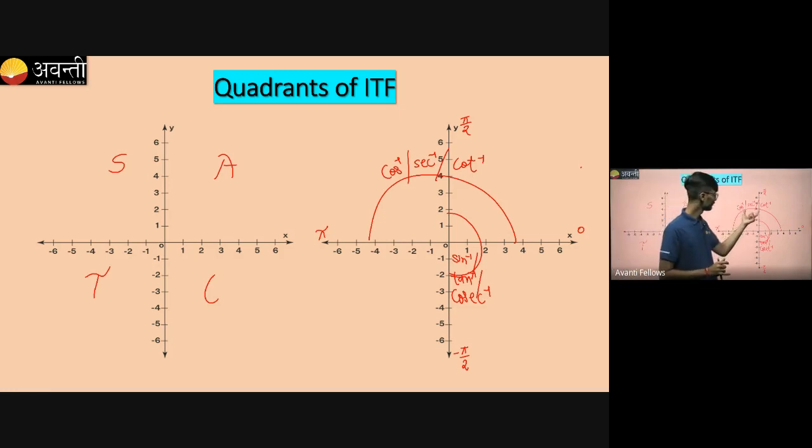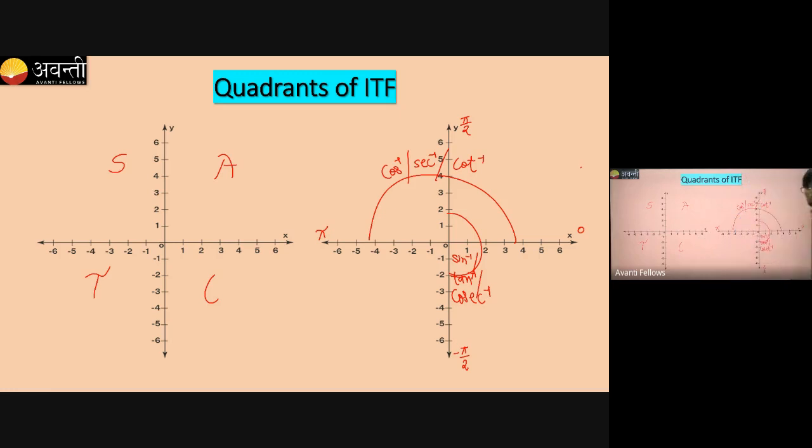The same is for cot: if positive value, look into first quadrant; negative value, look into second quadrant. So this is the quadrant distribution of inverse trigonometric functions. I hope this will make it easier for you to remember. For sine, cosec, and tan, first and fourth quadrant. For cos, sec, and cot, first and second quadrant. And remember, in the fourth quadrant, we move clockwise since we want minus pi by 2. Okay, I hope this is clear.